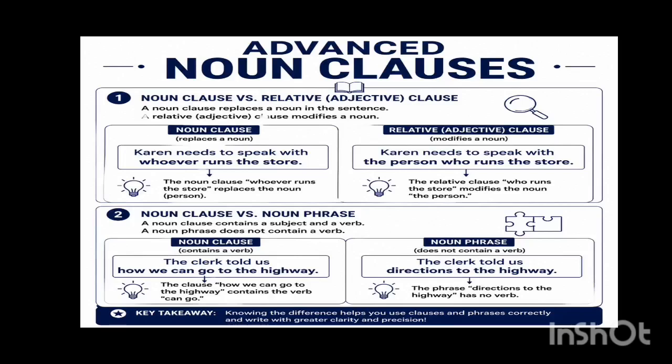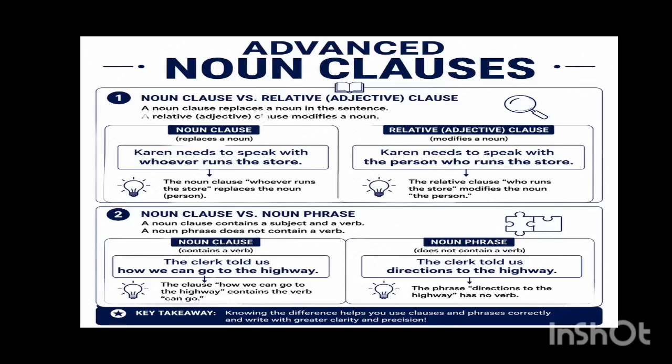Now let's see noun clause versus noun phrase. A noun clause and a noun phrase can both act like nouns, but they are not the same. A noun clause contains a verb, and a noun phrase does not contain a verb. For example, the clerk told us how we can go to the highway.